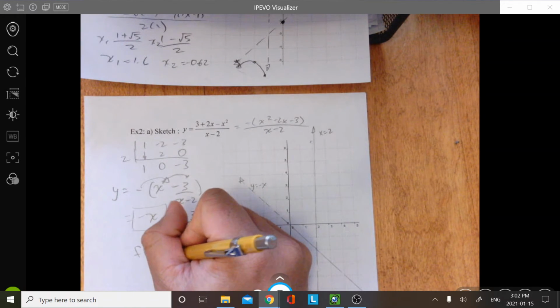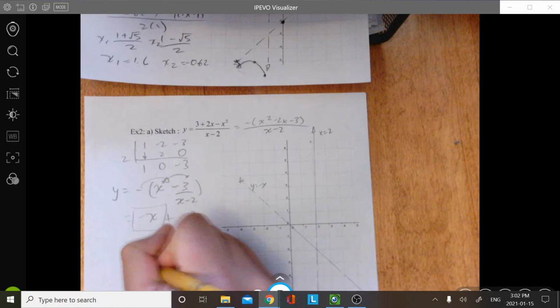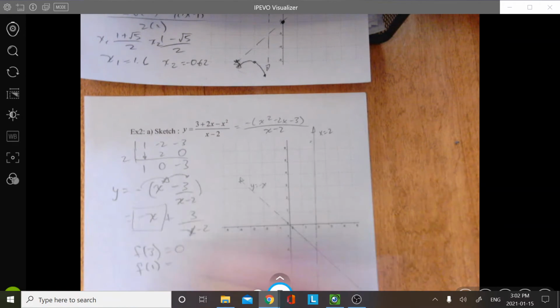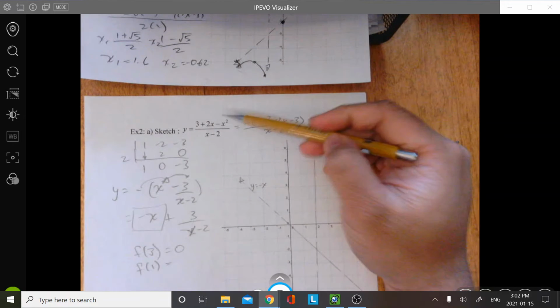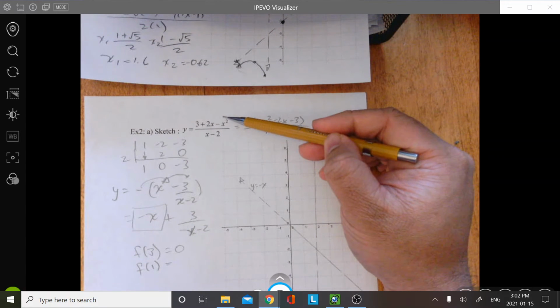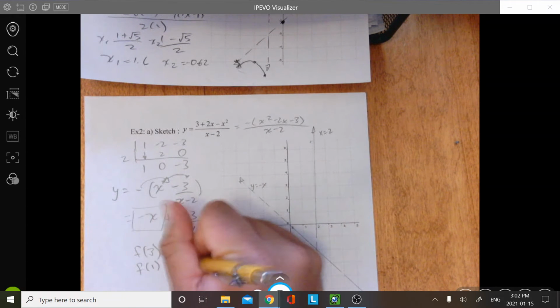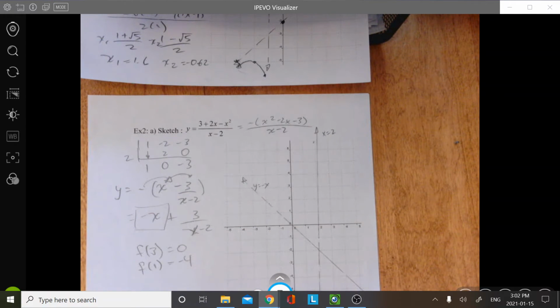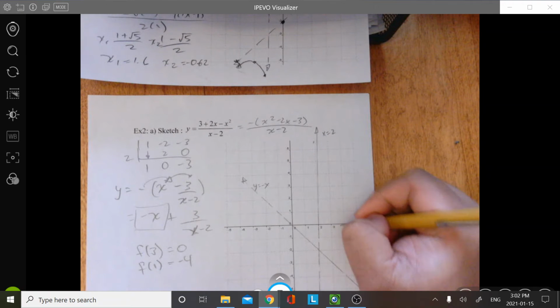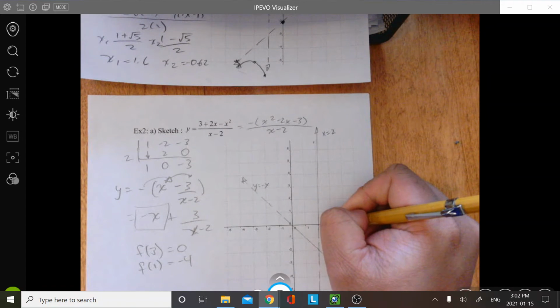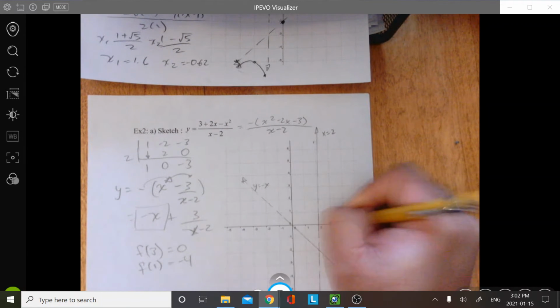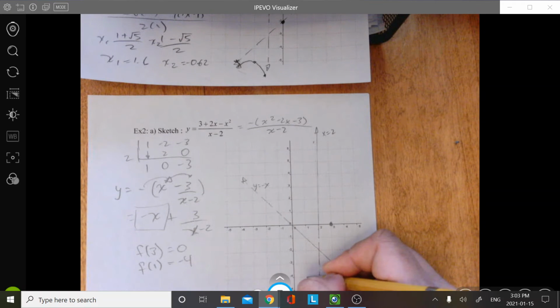So f of 3 is 0. F of 1 is going to be negative 4. So let's just sketch that out. F of 3 is 0. F of 1 is negative 4.